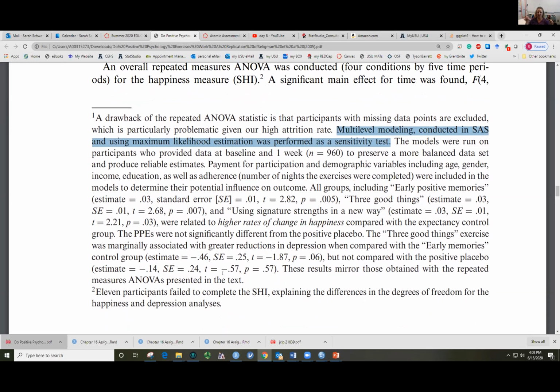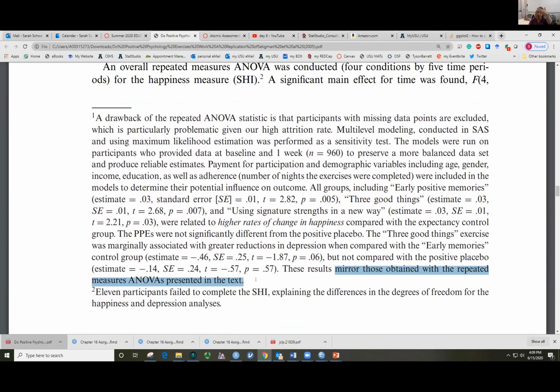And because of that, they say these results, which use your partial cases, mirror those obtained with repeated measures ANOVA presented in this text.